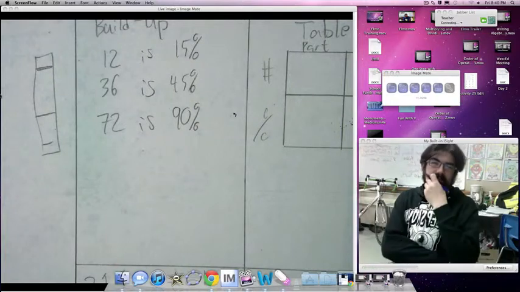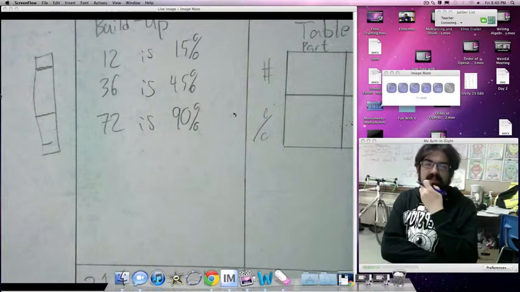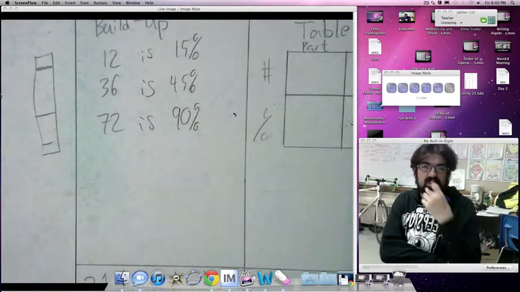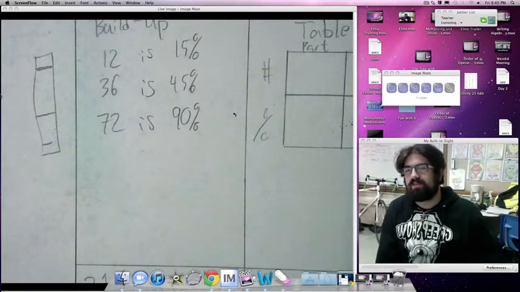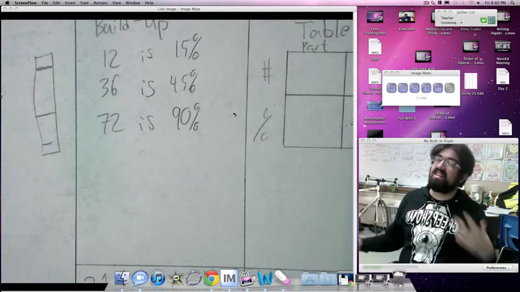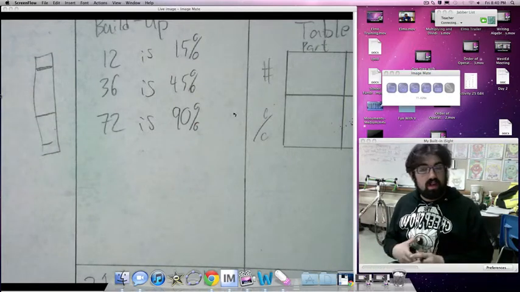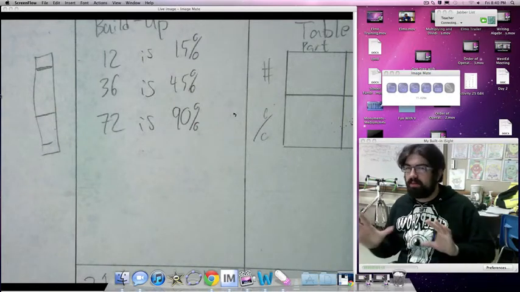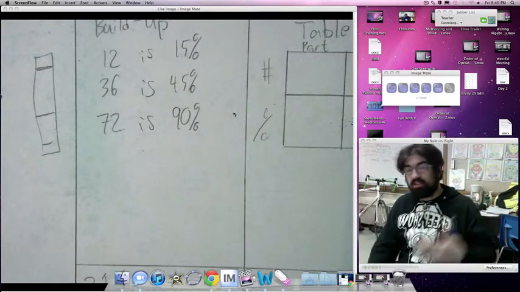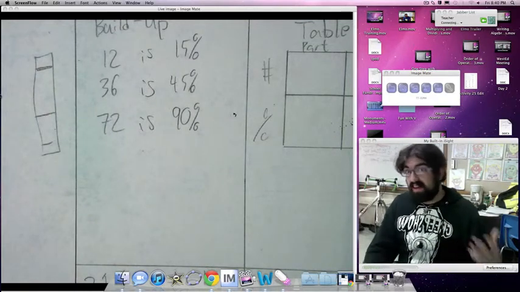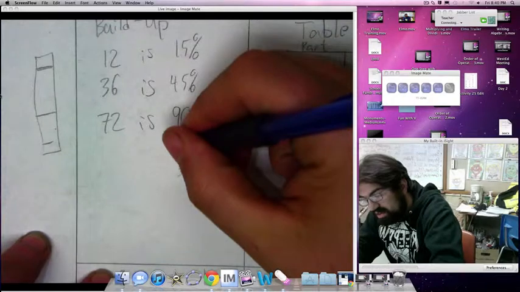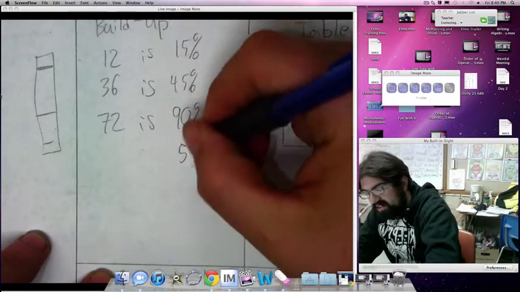So let's go back to the beginning. 12 is 15%. Can I turn 15 into 5? I can't turn 15 into 10 without using a fraction, and we could do that if we wanted to, but I'm going to avoid that for now. I can turn 15 into 5, can't I? So let's go all the way back to here.